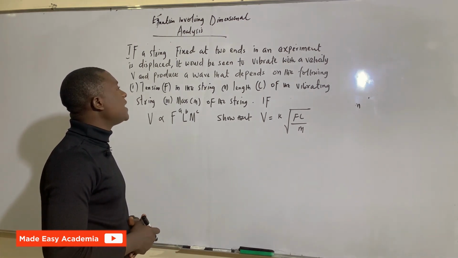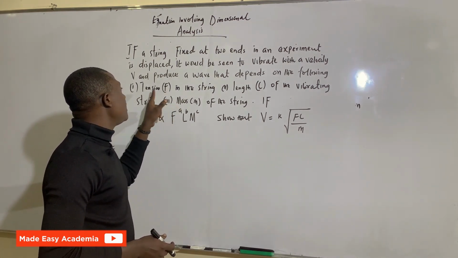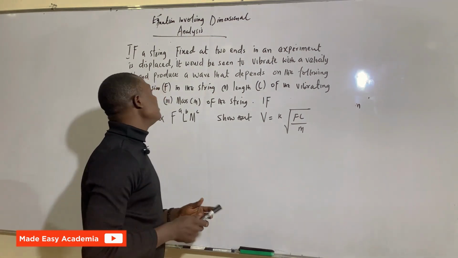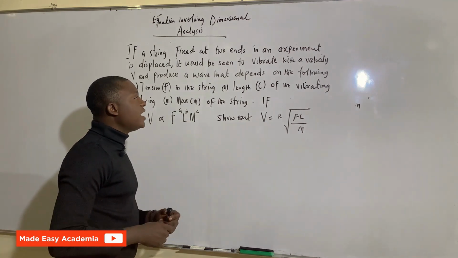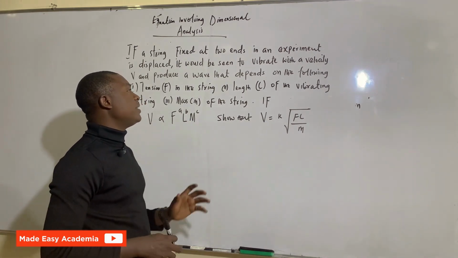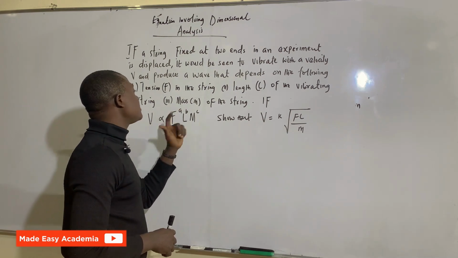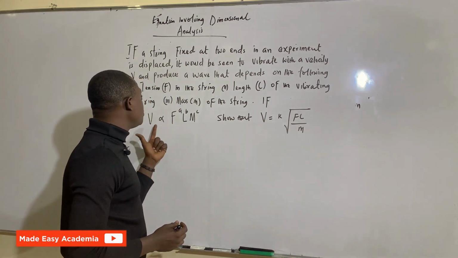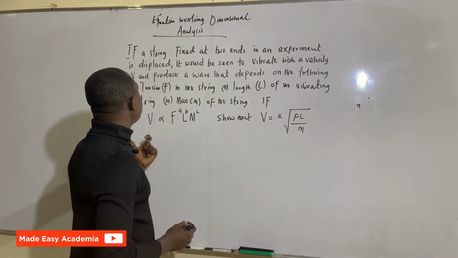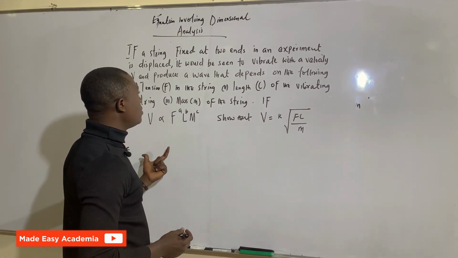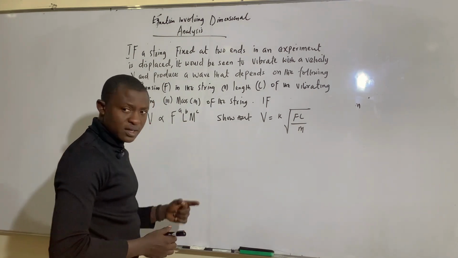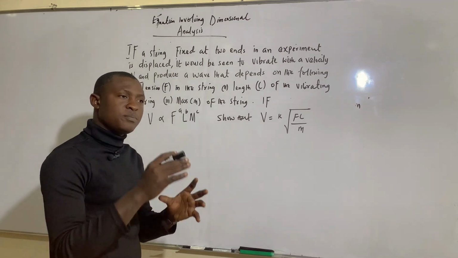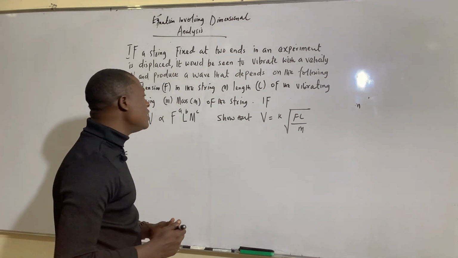From the problem, when we see F here, F simply means tension. And this tension is the same thing as force. The length, they say L, whenever we see L in this expression, L simply means length. And when we see mass, mass simply means M. So in the previous example, I told you the dimension for velocity, the dimension for F, the dimension for L, and the dimension for M. So let's first bring out the dimensions of all those values one after the other.